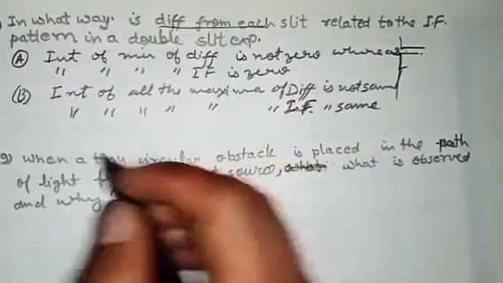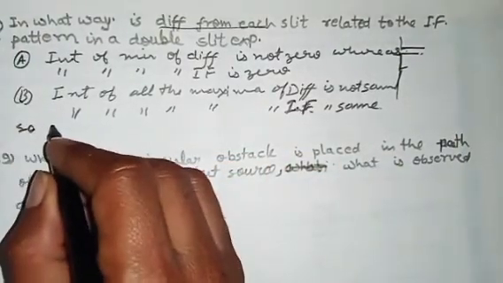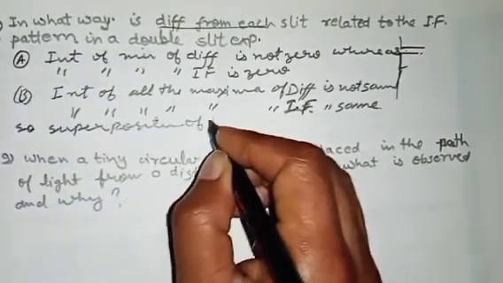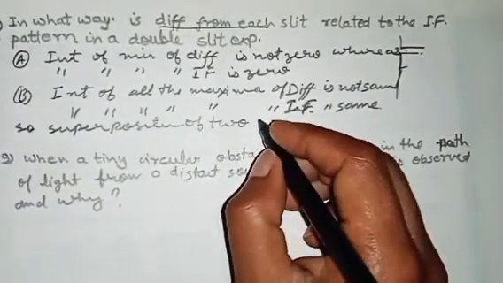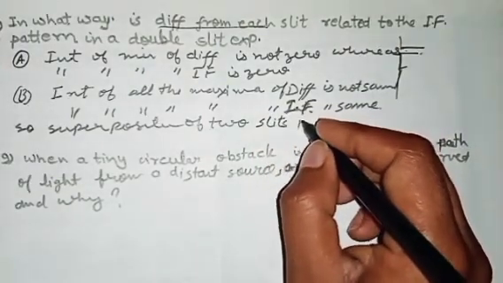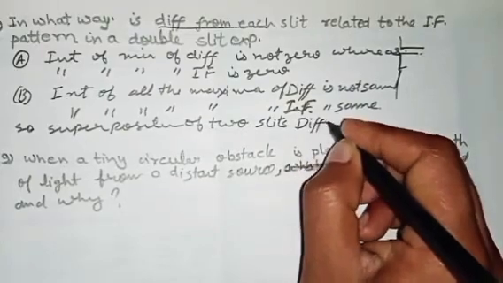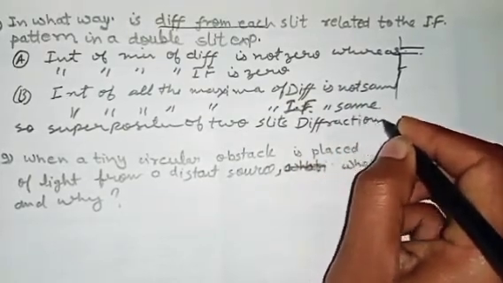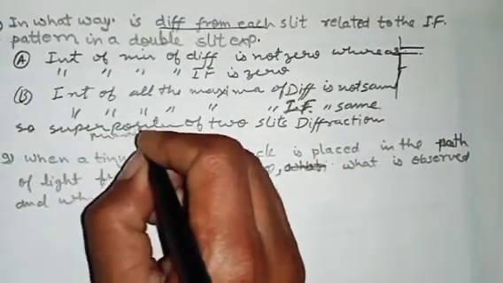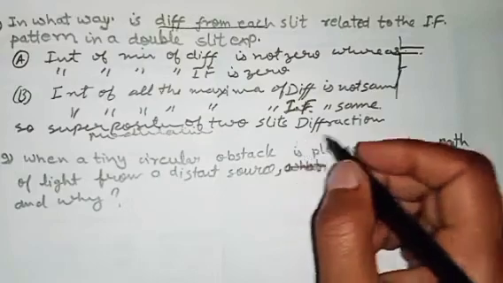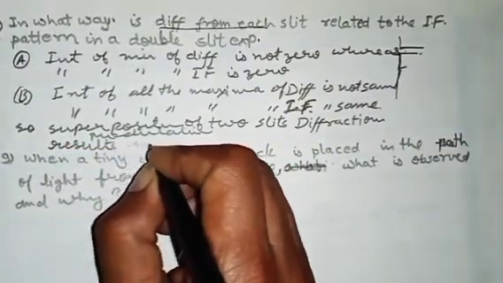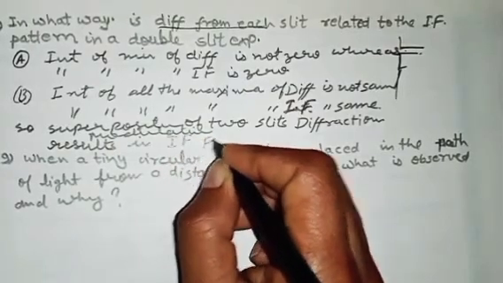So this is how the superposition of two slits' diffraction, or we can say modulation of diffraction, results in the interference pattern.